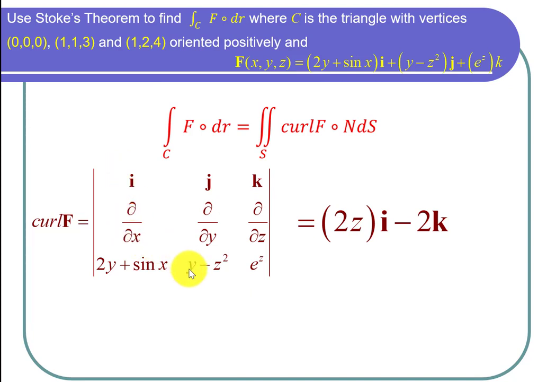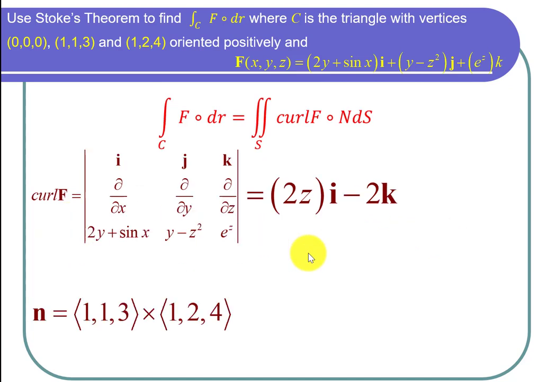Del over del x of y minus z squared is 0, because there's no x here. Del over del y of 2y plus sine of x is just 2, because the sine of x doesn't have a y. And we're subtracting because it's on this side of the diagonal. So I end up getting 2z i minus 2k for the curl of F.